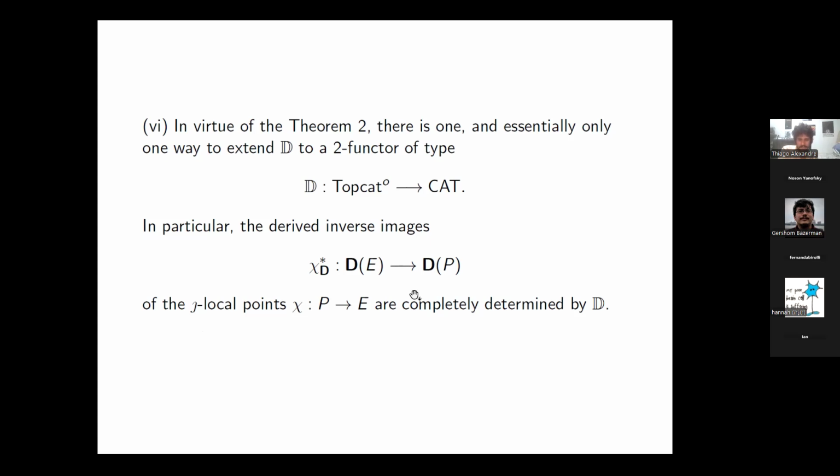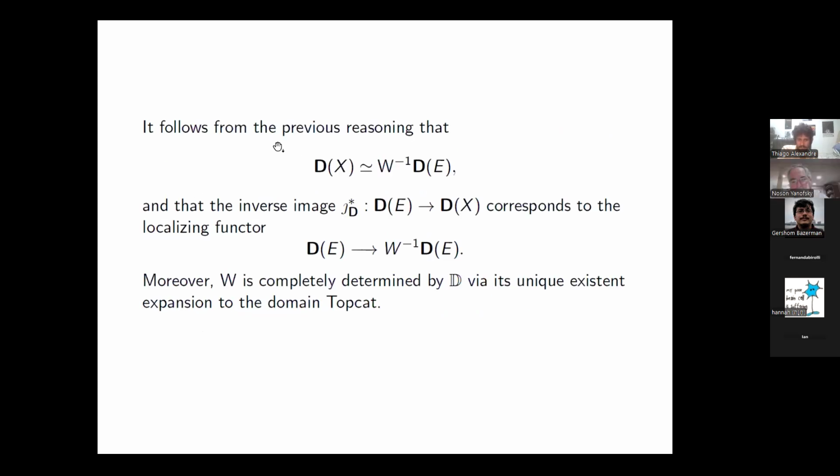So it follows from the previous reasoning that D of X is equivalent to the localization of D of E with respect to W, but W is equal to W prime, which is defined just in terms of the categorical restriction of D. So we have this, and W is completely determined by D via its unique extension to the domain of top cat.